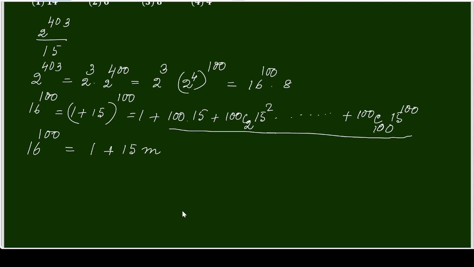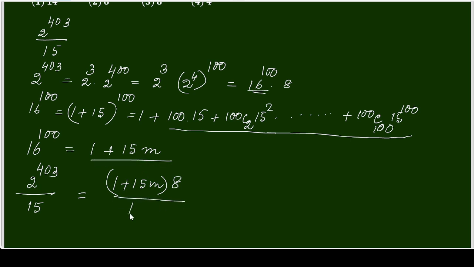So now writing the question, 2 power 403 over 15 can be written as (1 plus 15 times m) whole into 8, because I wrote 16 power 100 that way, over 15.